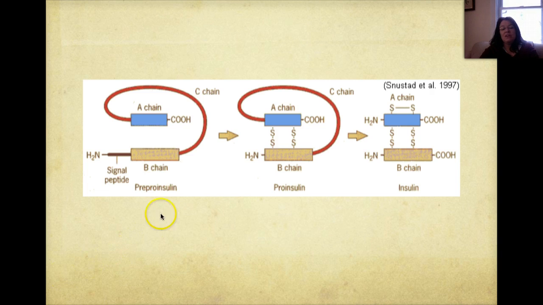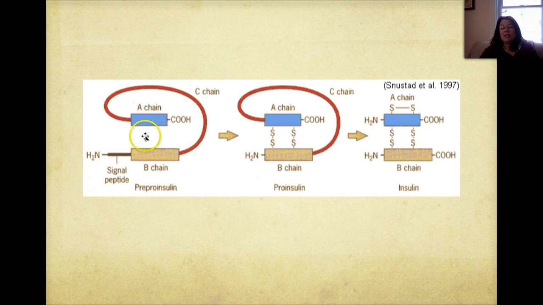What you're seeing on the left-hand side of the slide is a representation of this immature protein. Here's the amino group, or here's the N-terminus. It's got a signal peptide in it. That's a portion that's going to help it go where it needs to go in the cell.